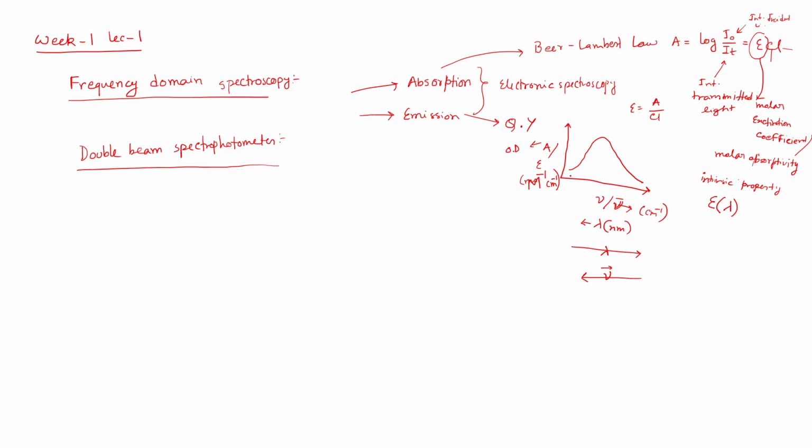So it will look something like this. It will decrease or increase, depending on whether the y-axis is A or epsilon. So you can see epsilon is a wavelength- or frequency-dependent quantity. I hope this part is clear, right?